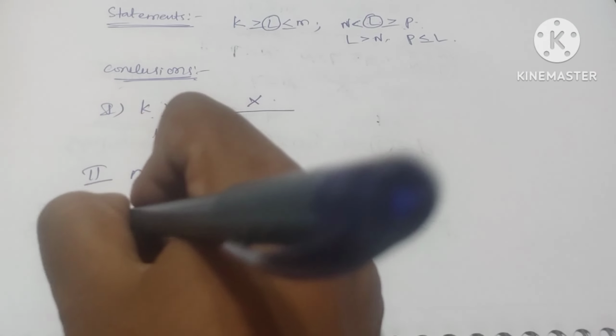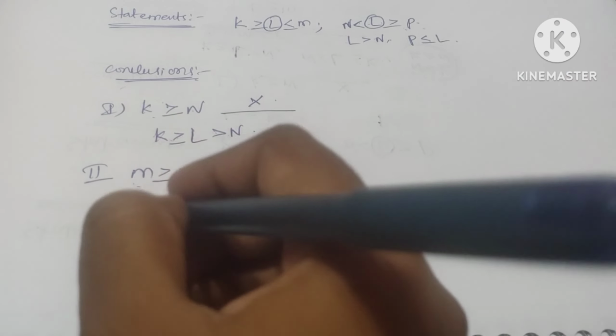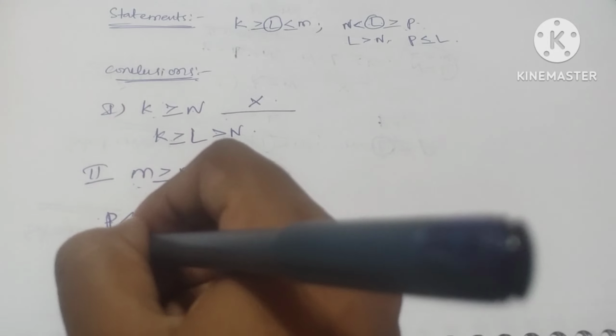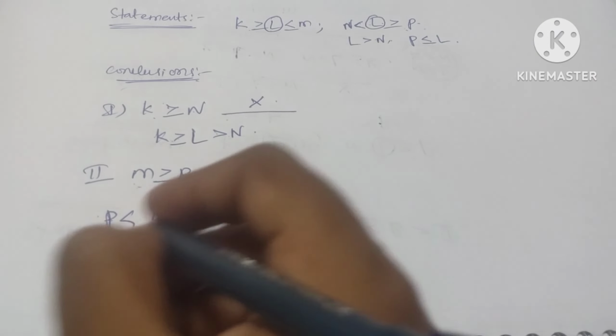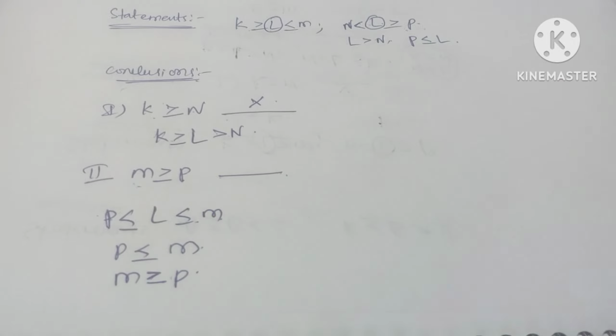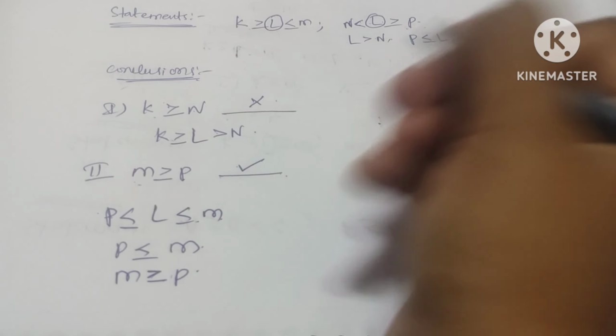Now, P is less than or equals to L. So, here in between P and M, less than or equals to is the common symbol. Now, P is less than or equals to M. If P is less than or equals to M, it means M is greater than or equals to P. Absolutely, M is greater than or equals to P, right? So, here M is greater than or equals to P follows.